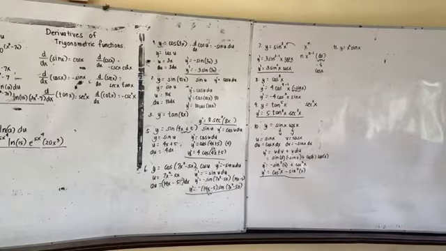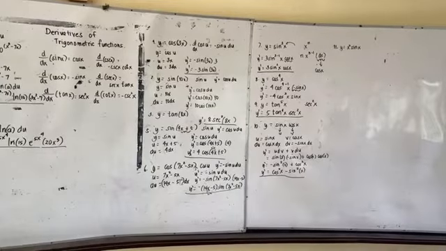Again, what rule are you going to use? Product rule. Identify the u, identify the v. Okay?